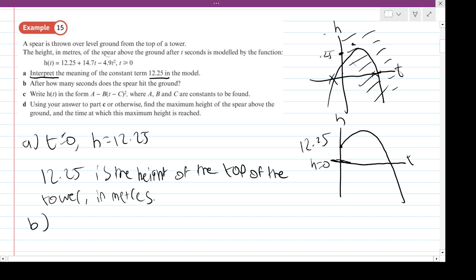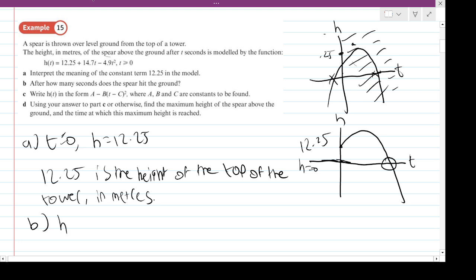Part B then says, after how many seconds does the sphere hit the ground? So when it hits the ground, well, we already discussed this in a way. So the ground is h is 0, the t-axis. So in other words, when the sphere hits the ground, it's going to be when it crosses the t-axis. And how do we get this?